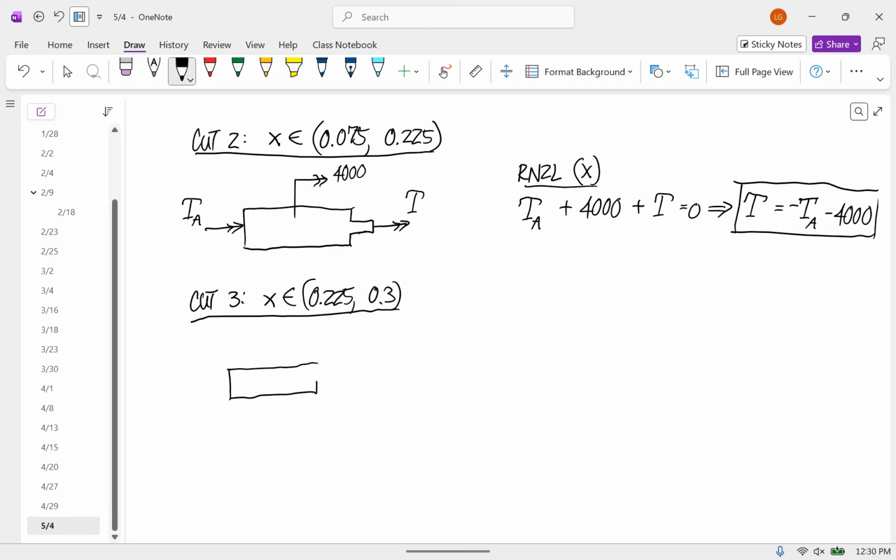So we've gotten to somewhere like this, and there's a 1,500 Newton meter torque like this. There's a 4,000 like this. There's a fancy TA like this. And then there's an internal torque.